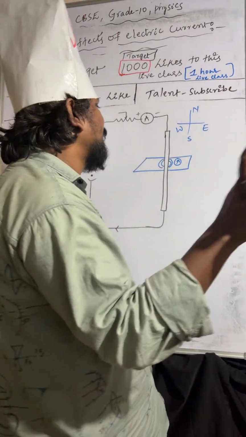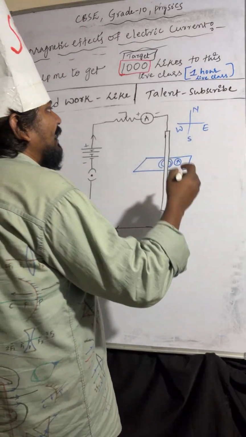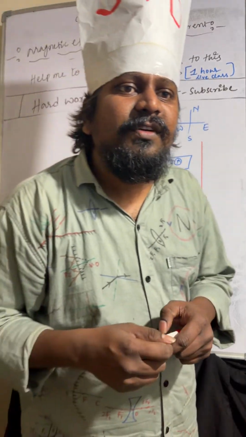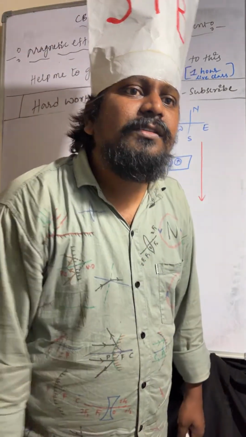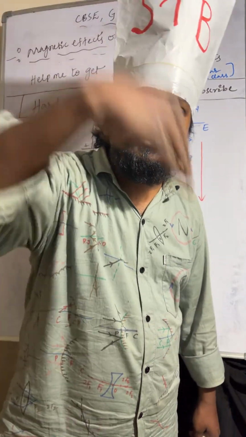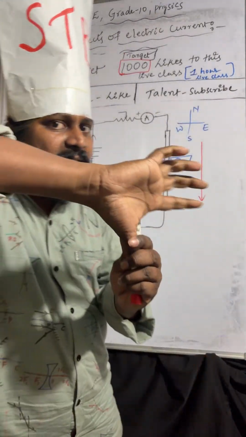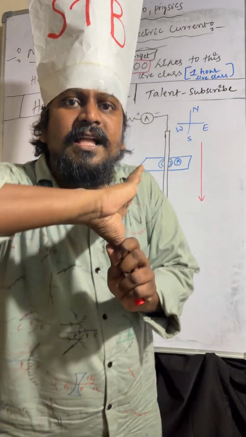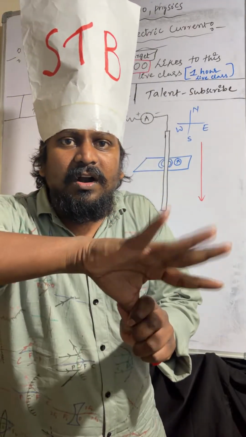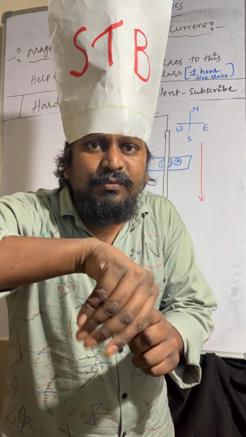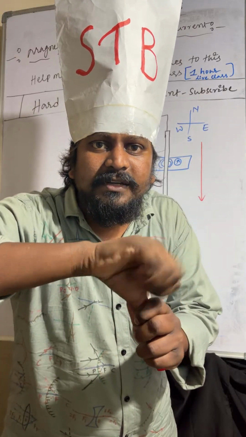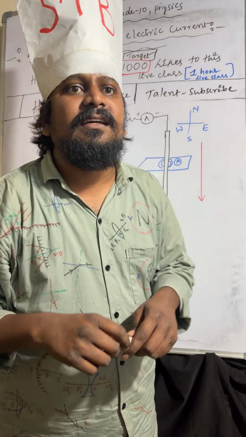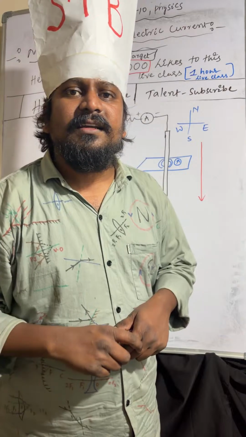Okay, if the current is passing from north to south, the curly, folding, wrapping fingers represent the magnetic field direction around the current carrying conductor.